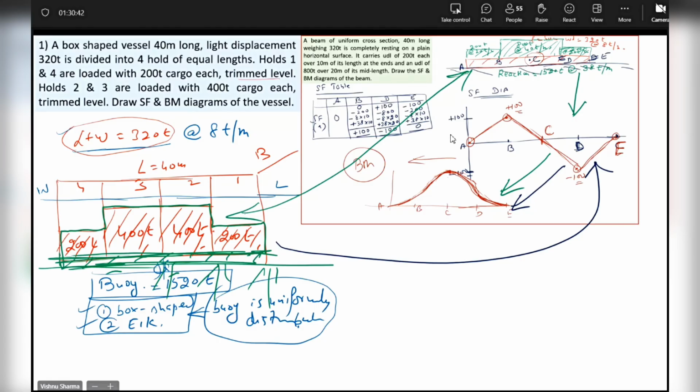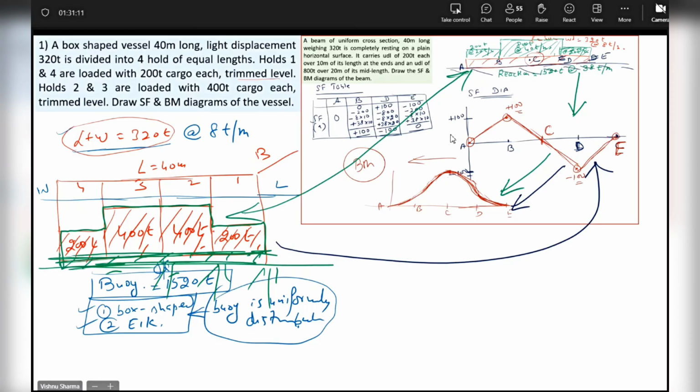However, in every ship, be it box-shaped or ship-shaped, everything may not be so conveniently distributed as we have taken in this case. Here, in our simple example, the box-shaped vessel converted into a very simple beam, and the beam could be easily solved. Every time the ship may not convert into a simple beam.